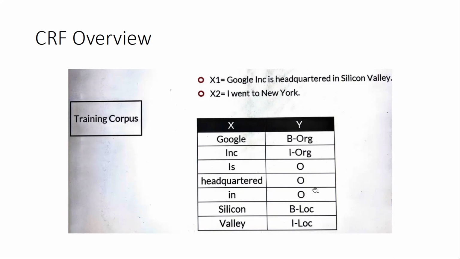These are the outside values, so they are not to be taken care of. They are not helping us in any form for now. So we will focus on Google Inc. and Silicon Valley, which have got these tags of B-org, I-org, B-loc and I-loc.